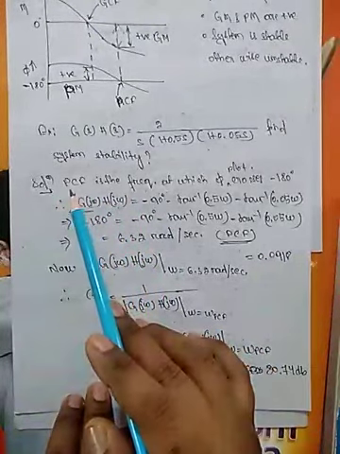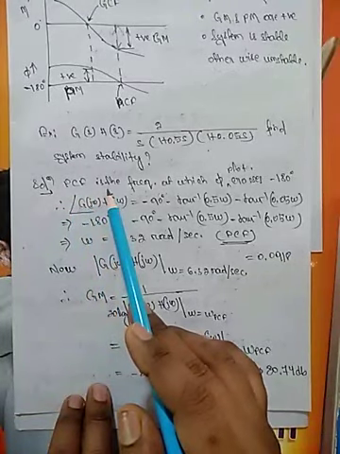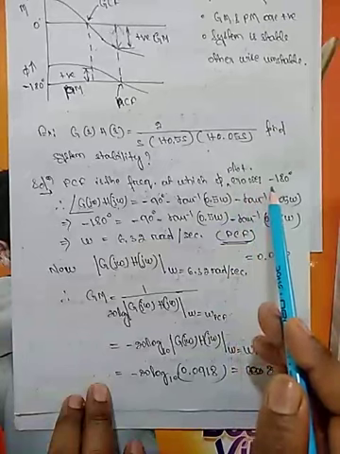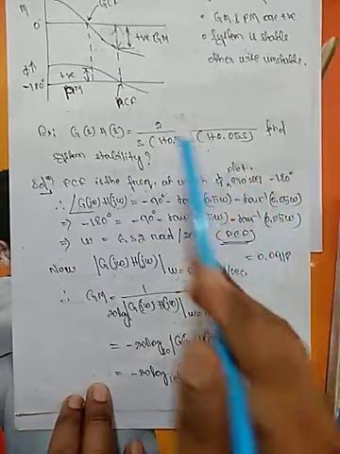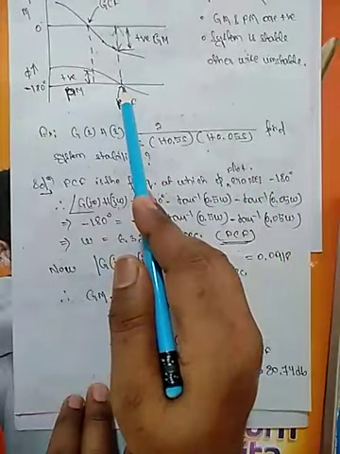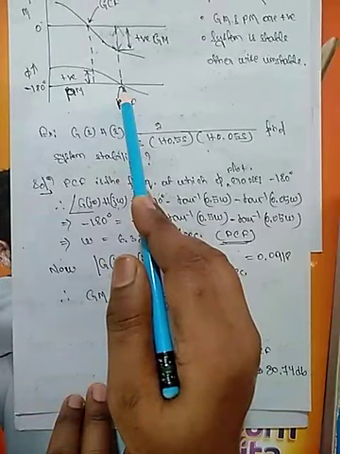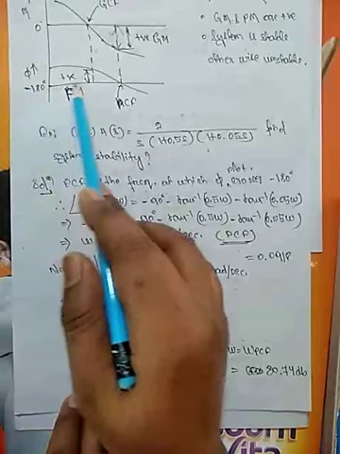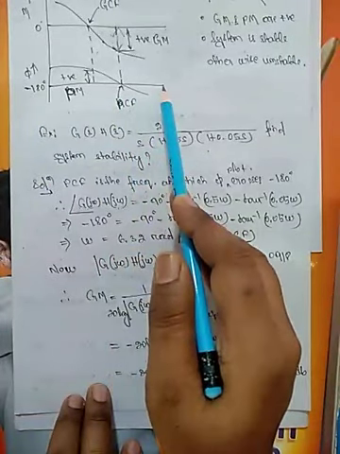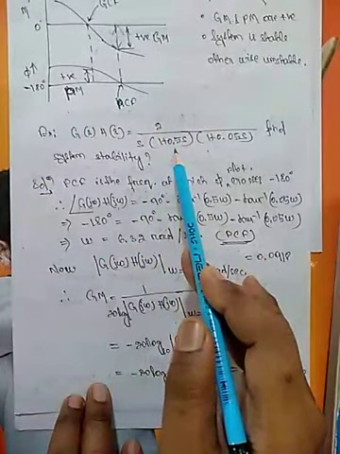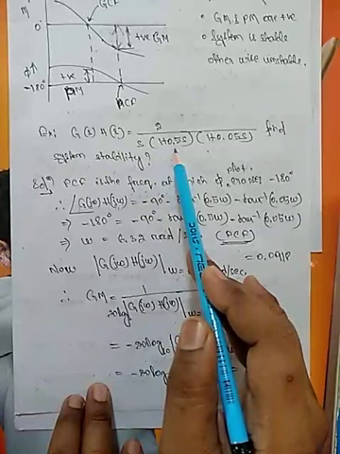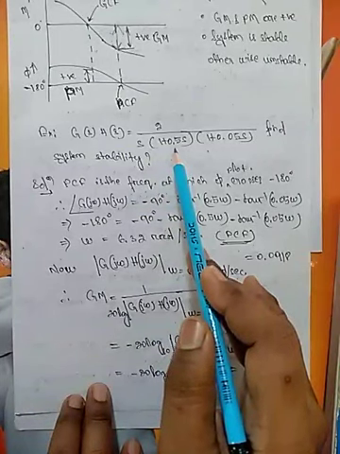The phase crossover frequency is the frequency at which the phase plot crosses minus 180 degree. Hence, you find the phase angle for this open loop transfer function and equate it to minus 180 degree to get the phase crossover frequency.